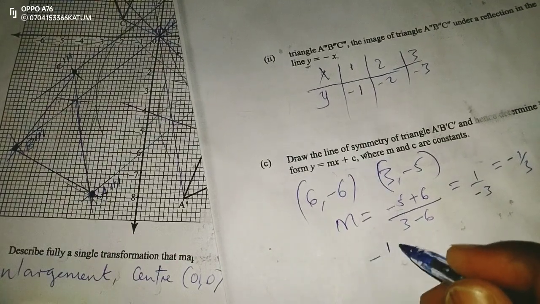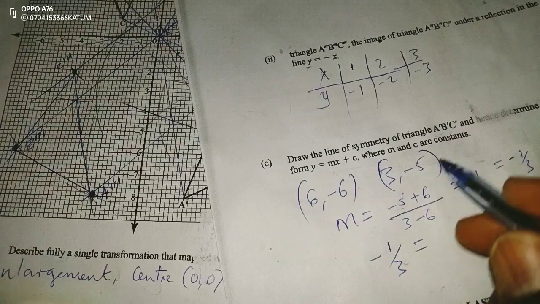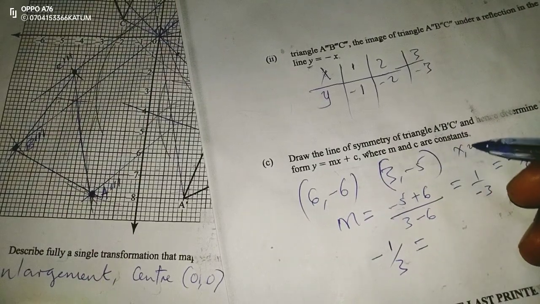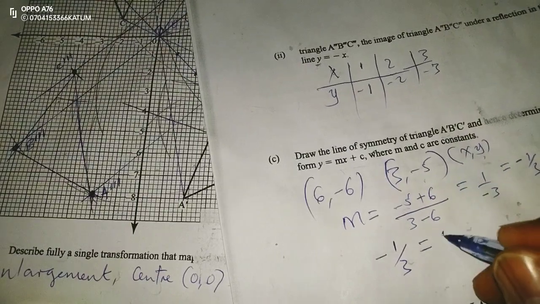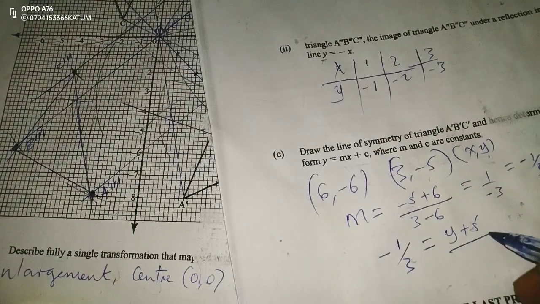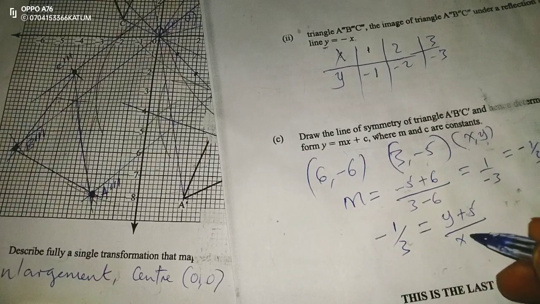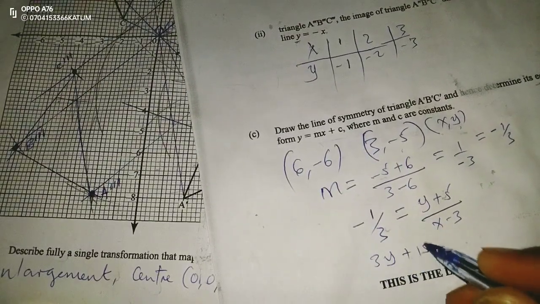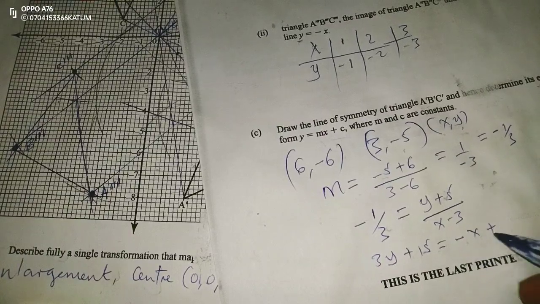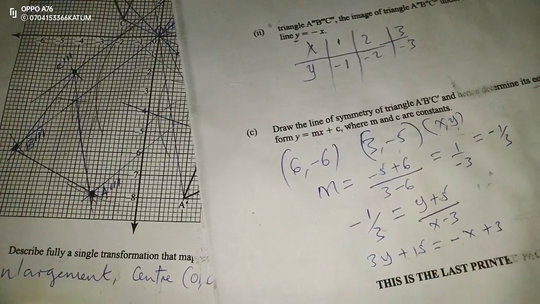So with a gradient of -1/3, we can use one of the coordinates and another coordinate (x, y) to express the equation. So y minus -5 becomes y plus 5, divided by x minus 3. Cross multiplication will give us 3y plus 15 equals -x plus 3, when we cross multiply with -1.